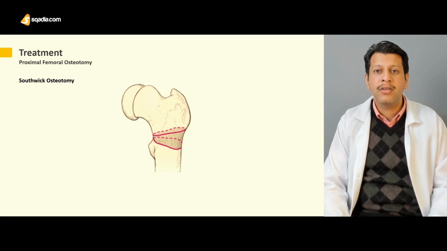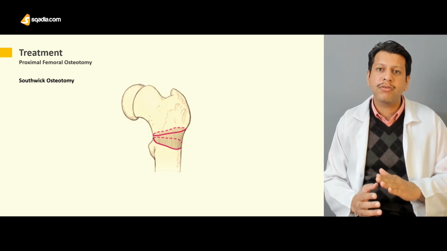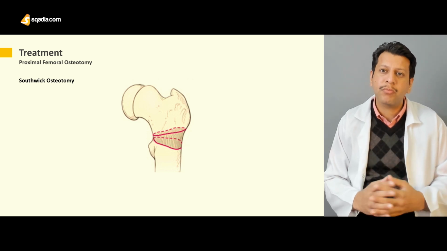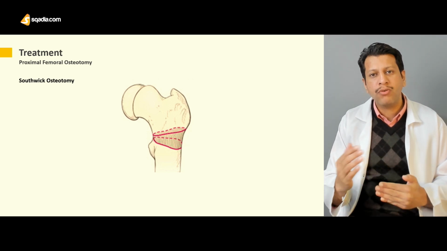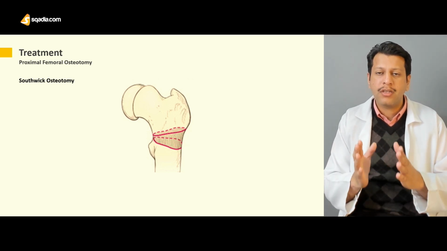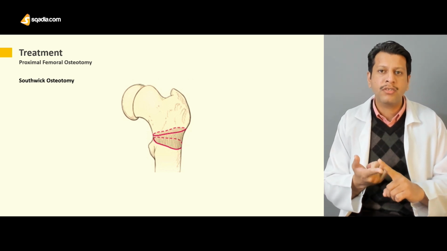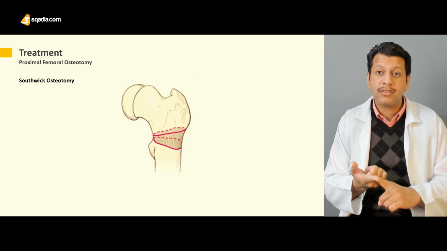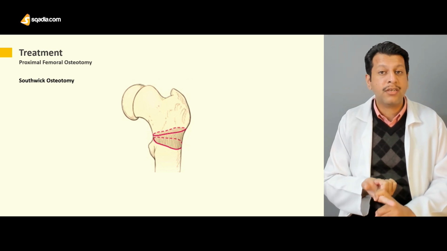the subtroch level. Usually these are flexion producing, internal rotation producing valgus osteotomies, which are usually done in the proximal femur. Why? Because whatever the region is, usually the problem is that there is loss of internal rotation, there is loss of adduction, as well as decreased neck shaft angle.